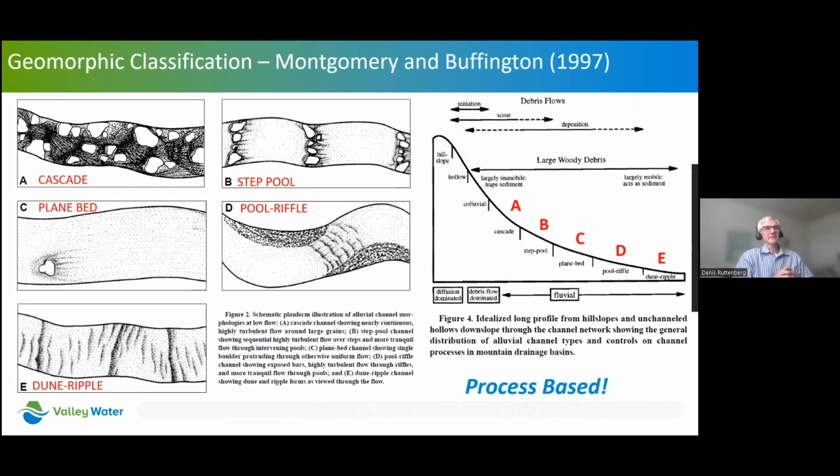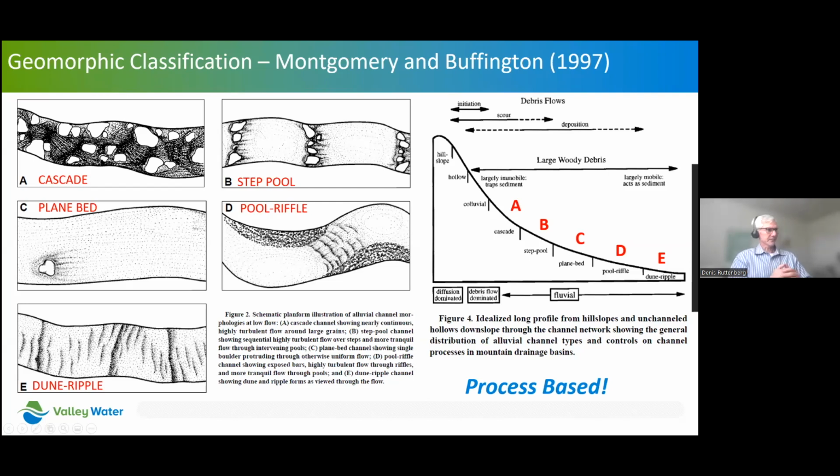Montgomery and Buffington took it further, and they came up with a system that identifies channels from a cascade all the way down to a dune ripple. On the left are schematics showing what they generally look like. On the right, we see a profile. A cascade channel is big boulders, kind of headwaters.